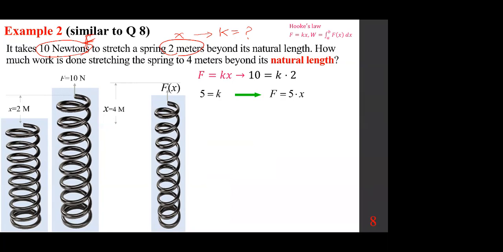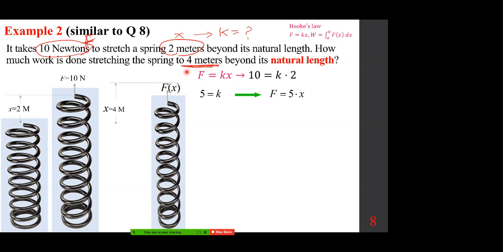Now the second part says, okay, how much work is done stretching the spring to 4 meters beyond its natural length? And that follows the formula that we have. Beyond the natural length by how much? 4 meters. So A is 0, and you're going to go from 0 to 4, everybody.